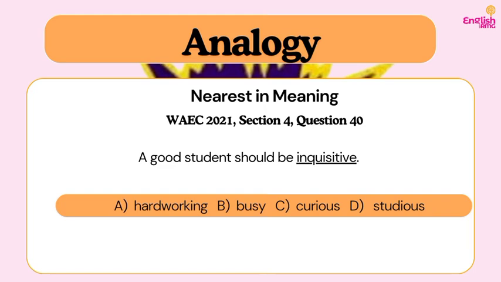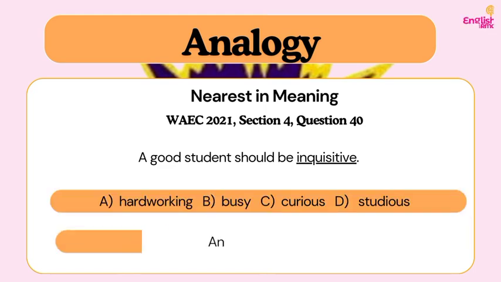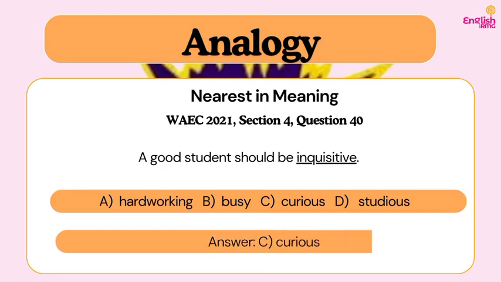Because we are looking out for nearest in meaning, our answer will be curious, not hardworking. To be inquisitive does not mean that you are busy. It also does not mean that you are studious. It just means that you are curious. That's the correct answer, which is C.